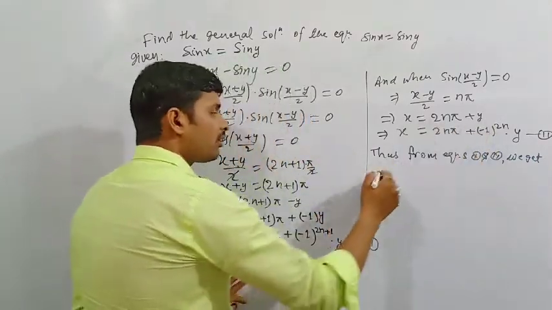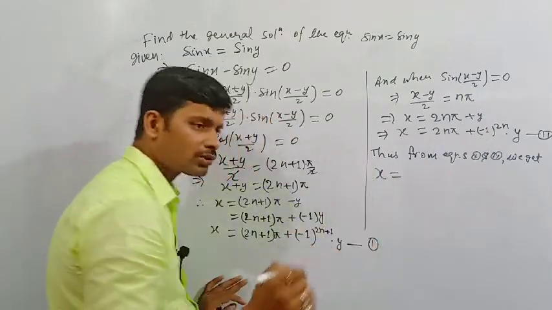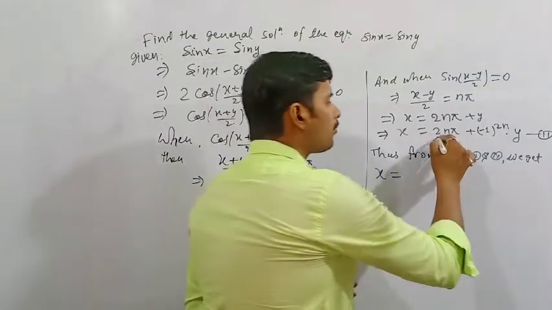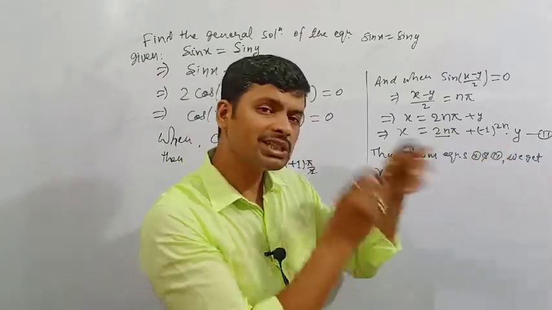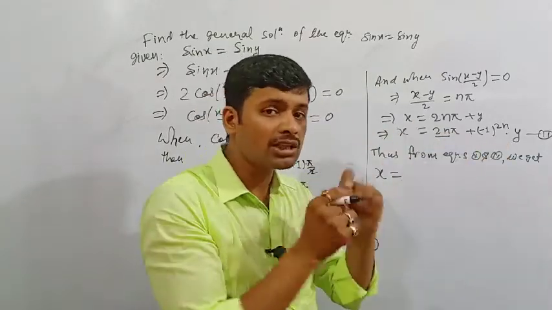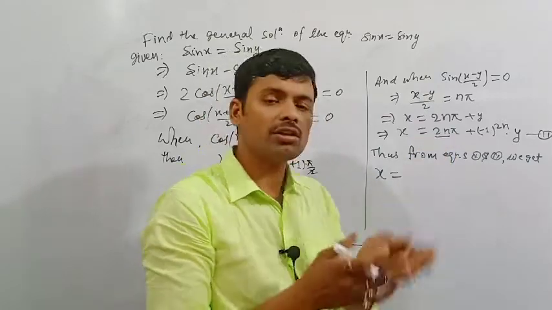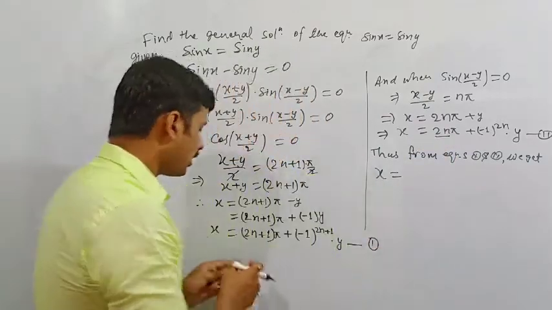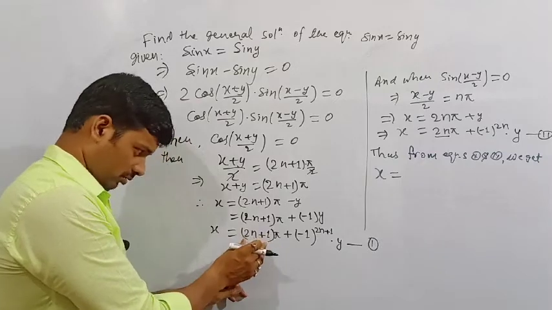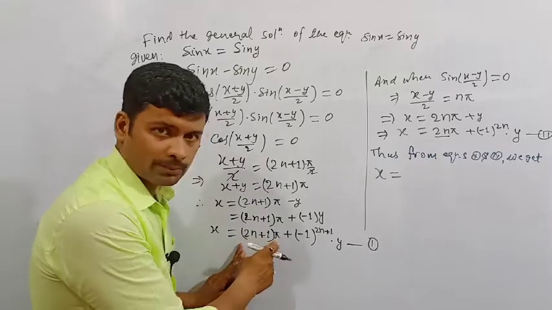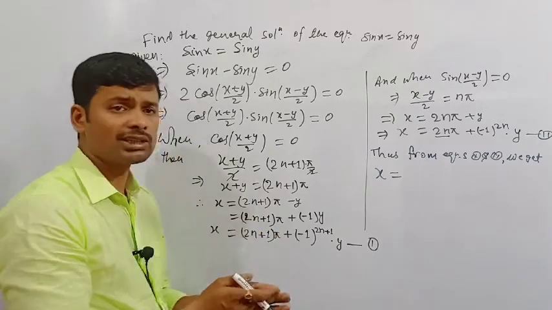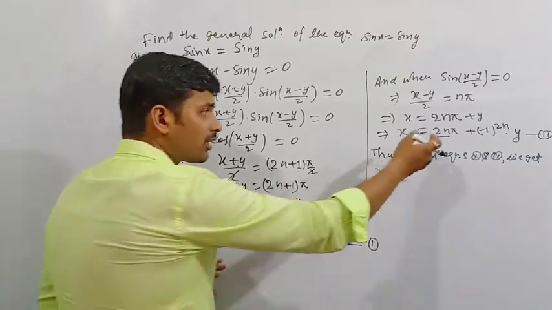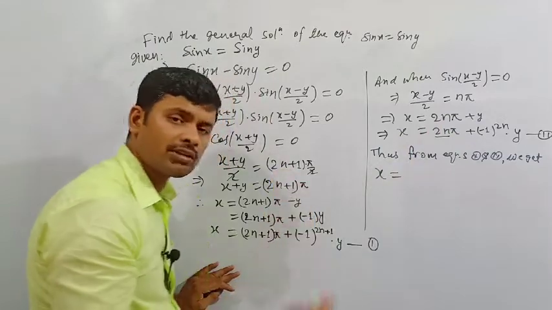So we can write the value of x as an even multiple of pi. 2n into pi means an even number into pi, that means even multiple of pi. 2n is always an even number. And here in the first part, this is an odd multiple of pi. 2n plus 1 is always an odd number for every integral value of n, and for every integral value of n, 2n is always an even number.